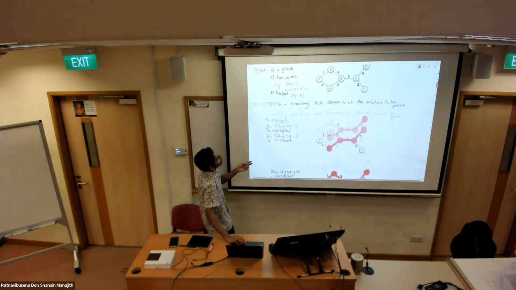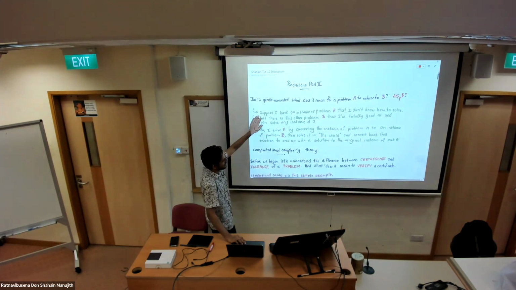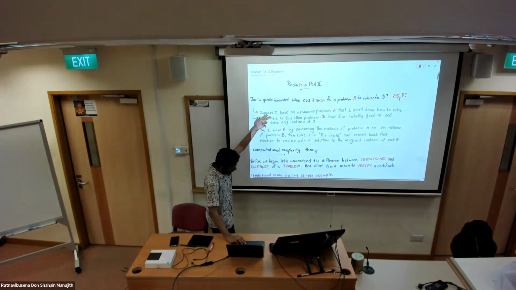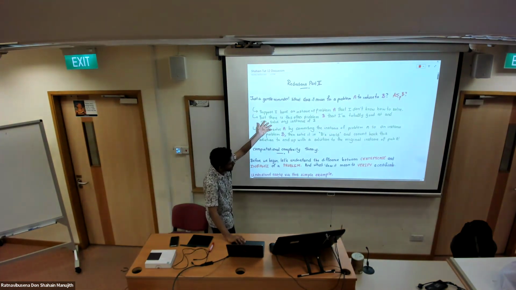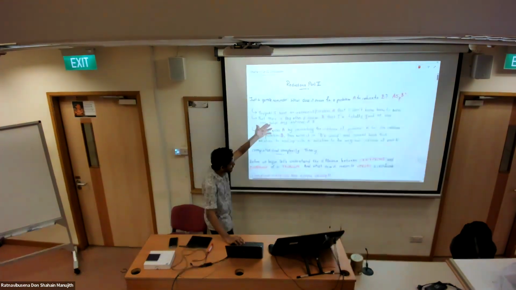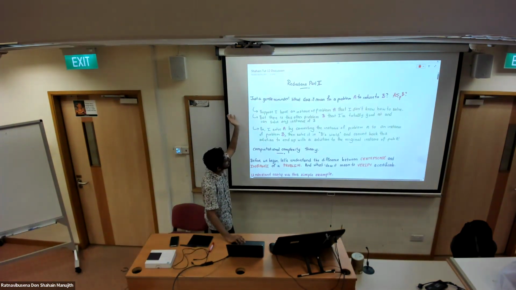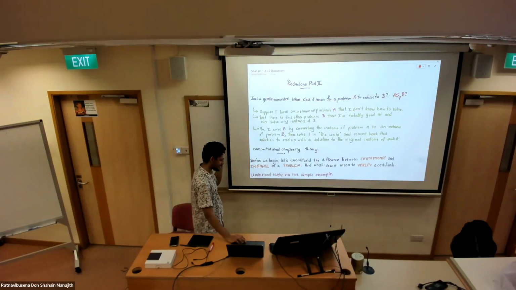You know how to solve subset sum, but you don't know how to solve 3-SAT. So you reduce from 3-SAT to subset sum and solve in the subset sum world.